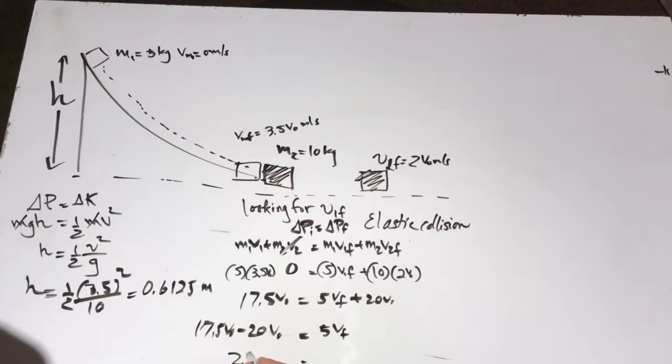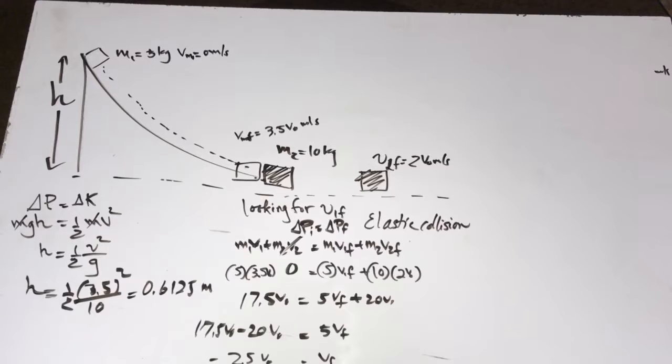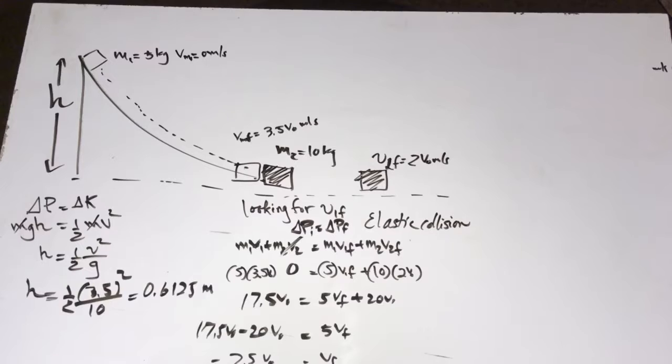So the final velocity of the first one is equal to minus 1/2 the initial velocity. After the collision, block M1 will travel to the left with 1/2 the initial velocity.